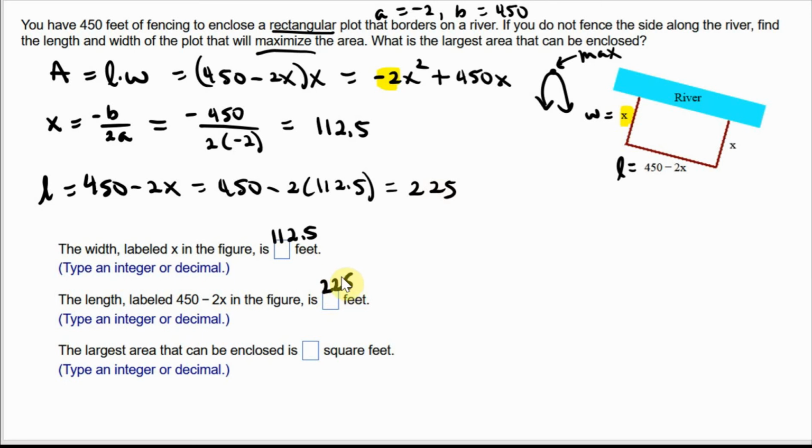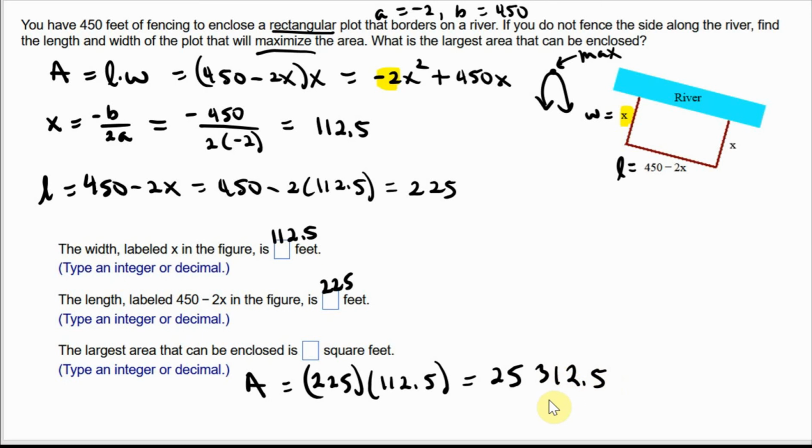What's the largest area? Well, we just multiply the length times the width, and we get it. So the area is equal. The largest would be based on here, that vertex. So we have the length, 225, times the width, 112.5, and that gives us 25,312.5.